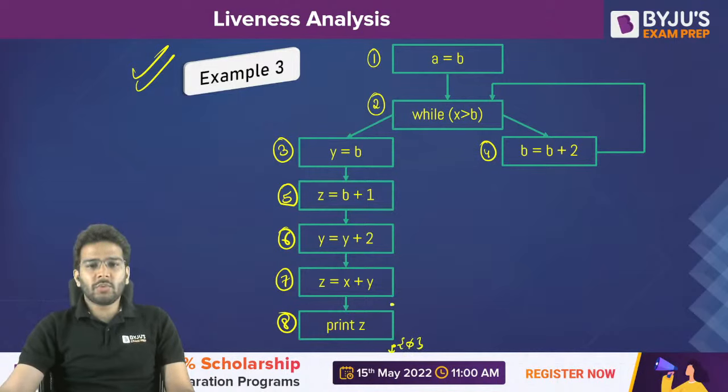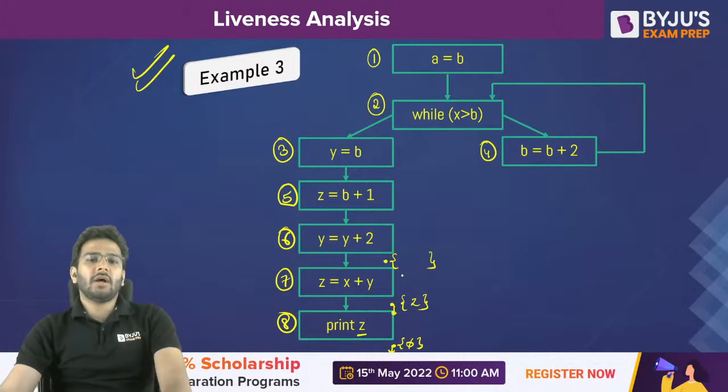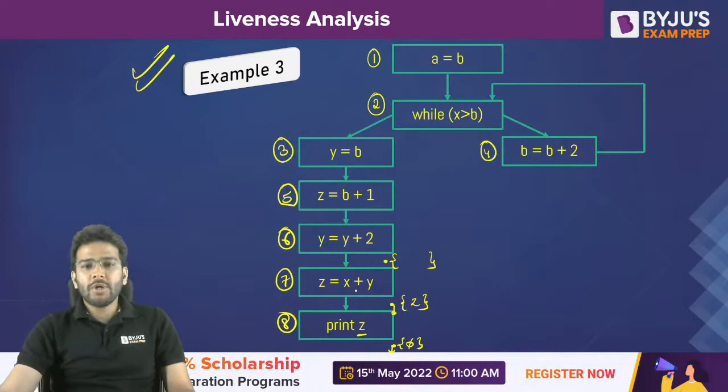If I talk about this one at this point, we are going to have Z. That is very simple because if you see downwards, we are reading the value of Z in order to print it, right? Now, if you see this one at this point, that means the inset of the seventh statement, here you can see we are writing into Z. So Z cannot be your live variable at this set, but yes, X and Y we are reading.